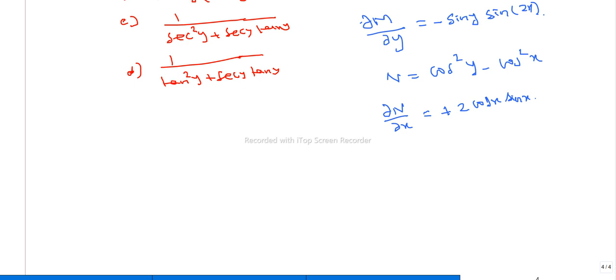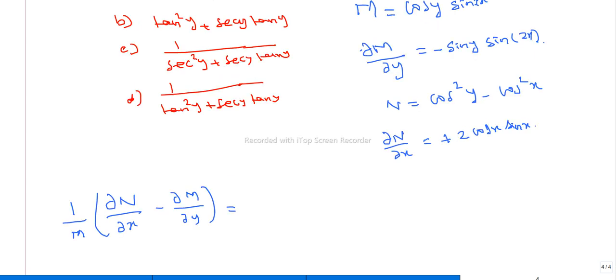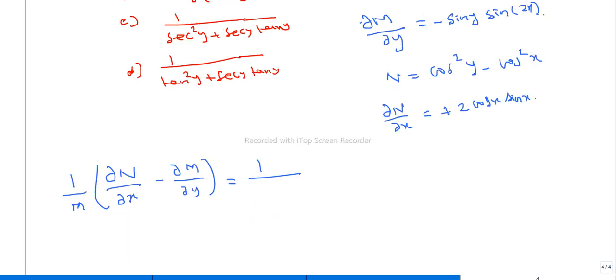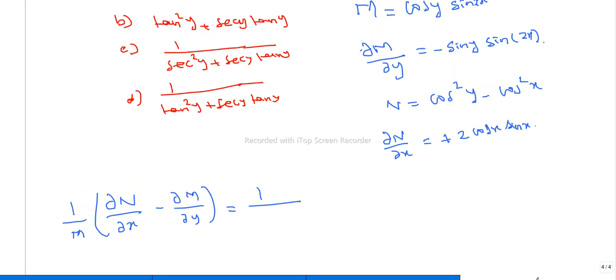So just to find the subtraction, dou N by dou x minus dou M by dou y, and then you have to multiply by 1 by N or 1 by M. If the first one is dou N by dou x, I think 1 by M. So maybe we'll check. So what is M? M is cos y sin 2x.